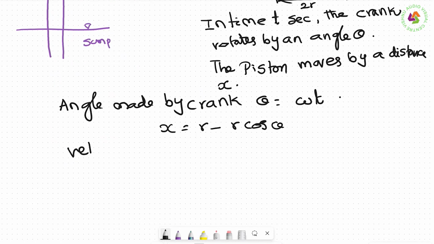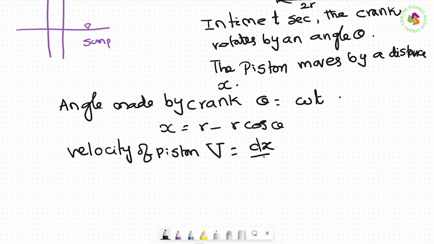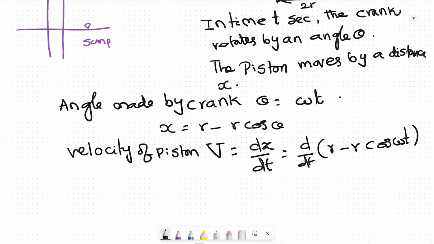Then velocity of piston, that is capital V, is equal to dx by dt. It is equal to d by dt of r minus r cos theta, means omega t.